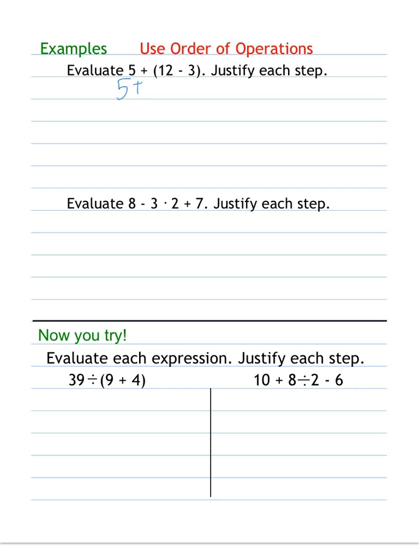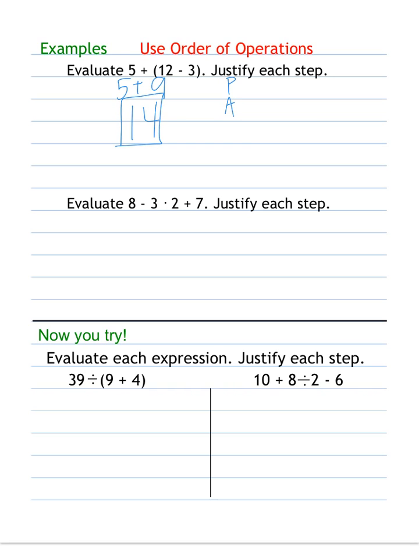Well, 12 minus 3 is 9. I'm just going to make a note over here. That's our parentheses. Then we move on to E, our exponents. There are no exponents, so we can skip it. Then multiplication or division. We don't have either of those, so we move on to addition or subtraction. Well, 5 plus 9 is 14, so we have a final answer of 14.